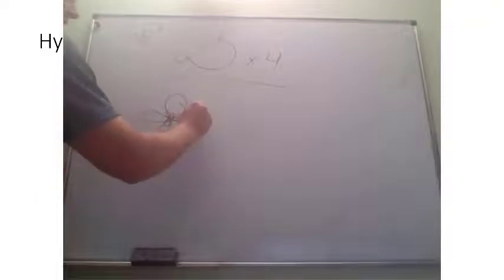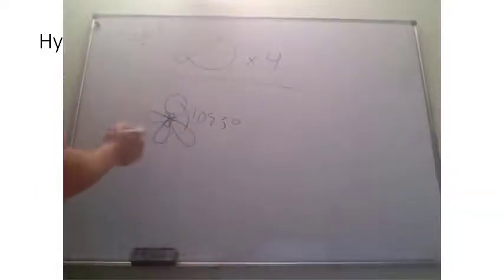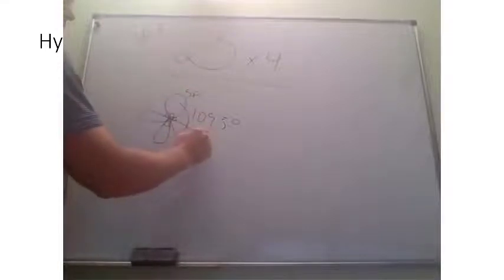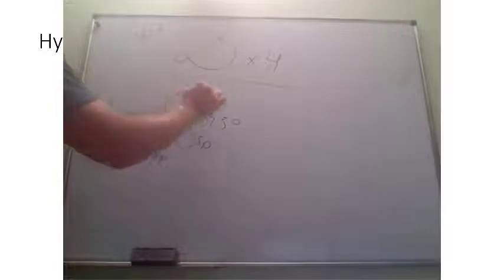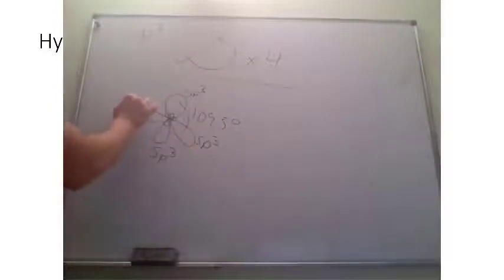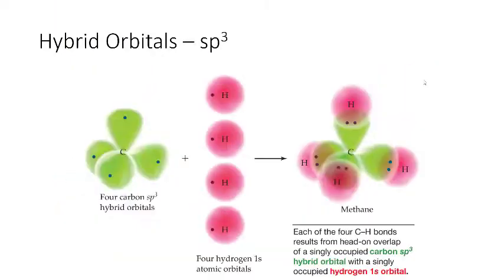And so what we're going to have is 109.5 degrees between each of these sp3 orbitals. Okay, so each of these are sp3 hybridized orbitals together. Okay, so the 4 orbitals each orient themselves 109.5 degrees apart.